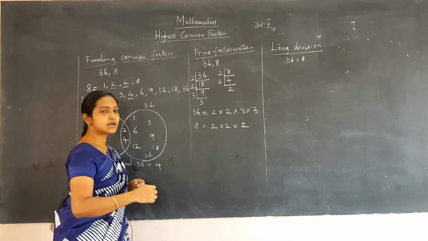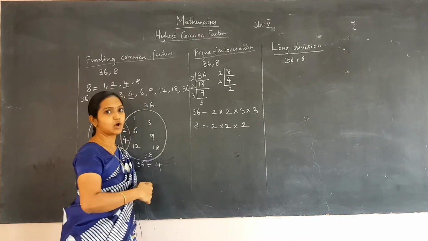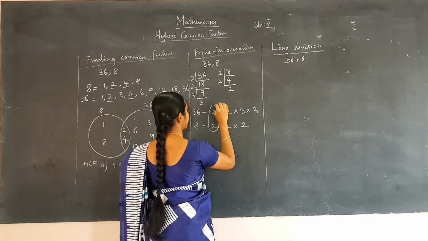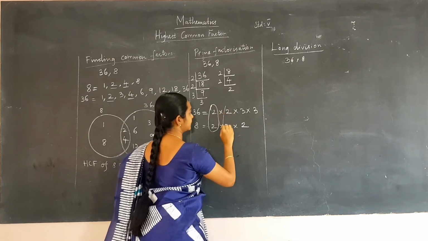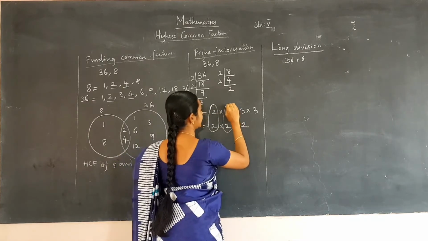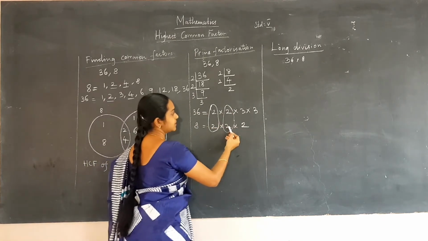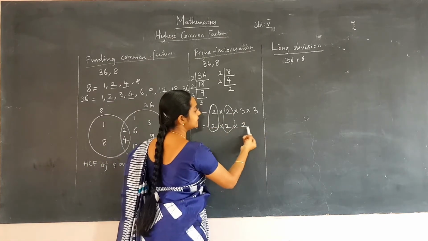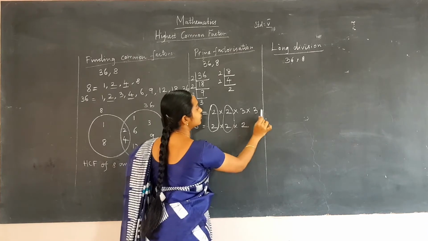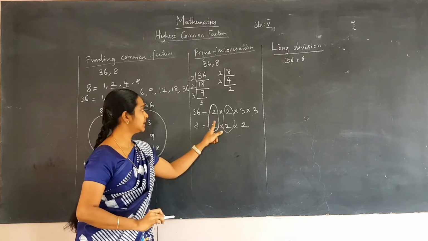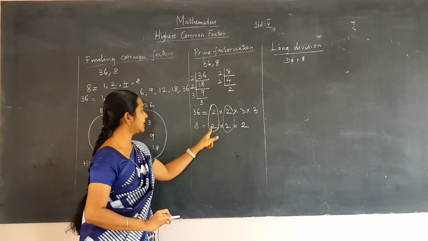Now circle the numbers that are common. 2 and 2 is common here. Again 2 and 2 is common here. Here we don't have any 3 number here. Here we don't have any 2 remaining. So 2 is common in both the numbers.